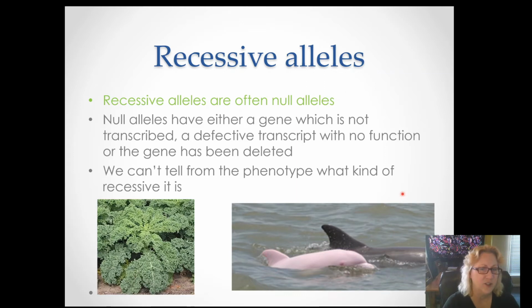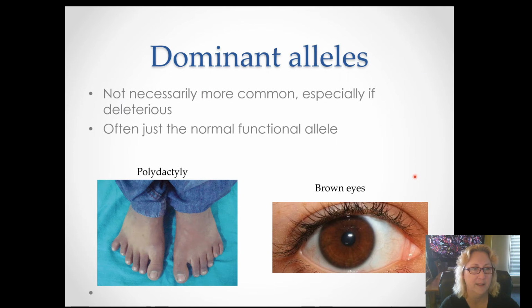As of last year, he was still around. You could take tour boats to go see him because his family hung around in the same place all the time. So albinism is another example of a recessive condition where an individual would have to have two copies of the same defective allele in order to have that condition.